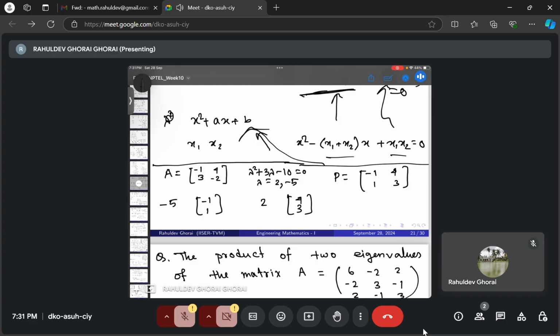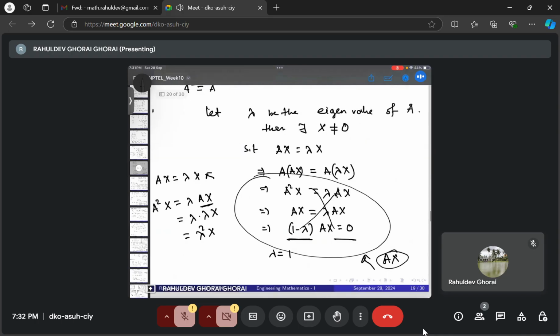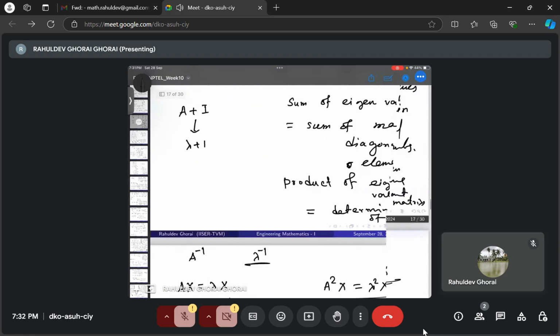You just take a matrix like this, and what we saw is that P inverse AP should be a diagonal matrix, right? So if you multiply, and you find out P inverse, that will be 1/7 times [-3, 4; 1, 1]. We'll calculate this on the page.